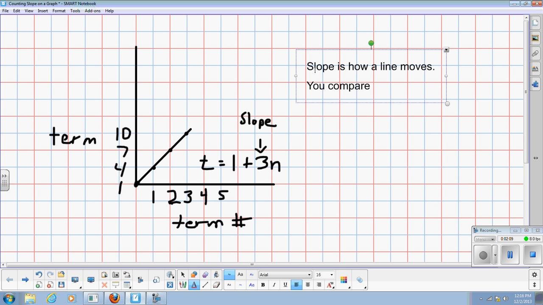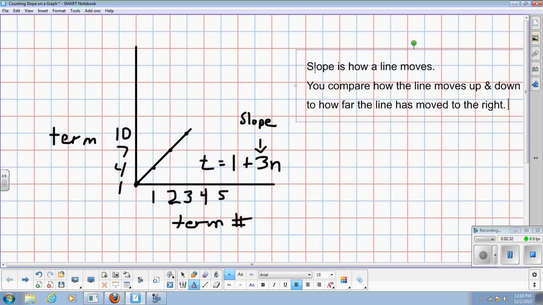You compare how the line moves up and down to how far the line has moved to the right. So slope is how a line moves. You compare how the line moves up and down to how far the line has moved to the right. So we're going to take some time to practice counting slope.